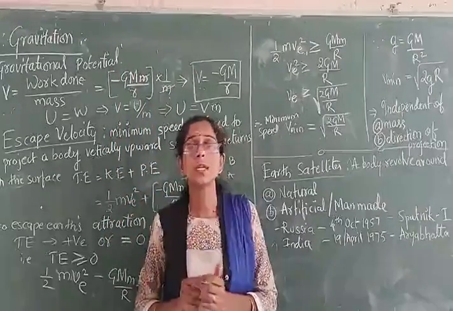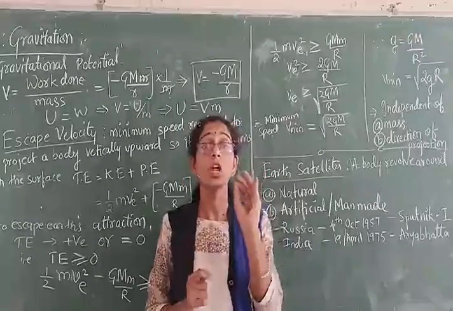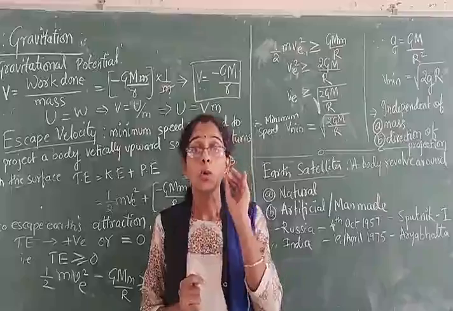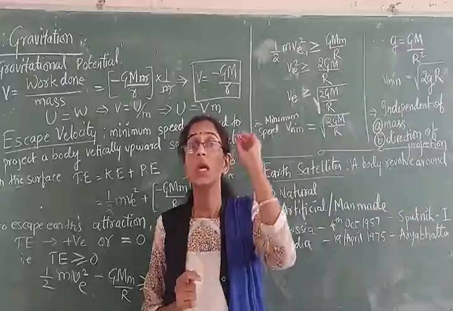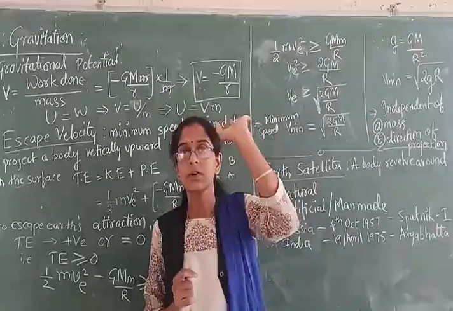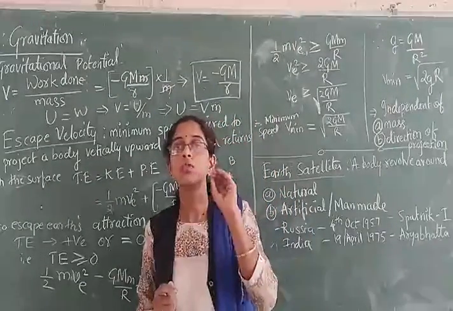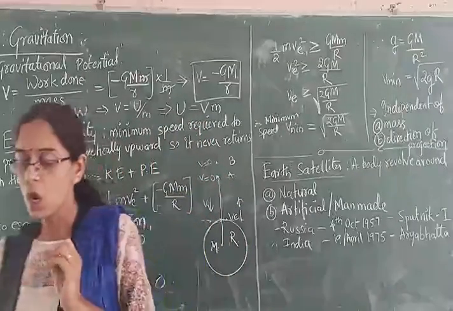Now, which velocity do you need to consider? The minimum velocity with which the object is supposed to be sent above the surface, so that there is zero gravitational pull acting on the given object.